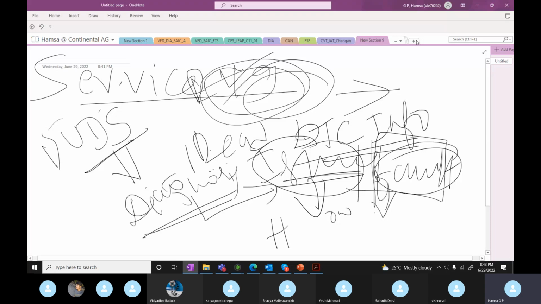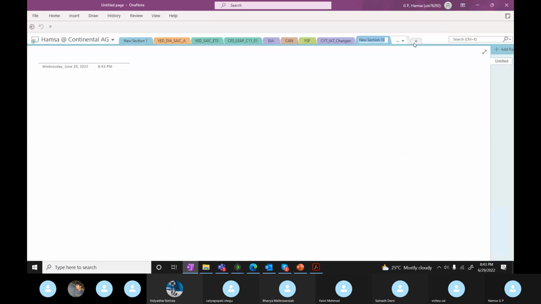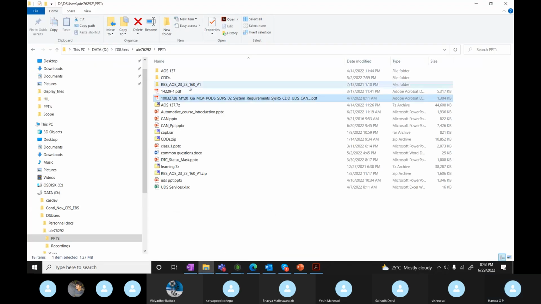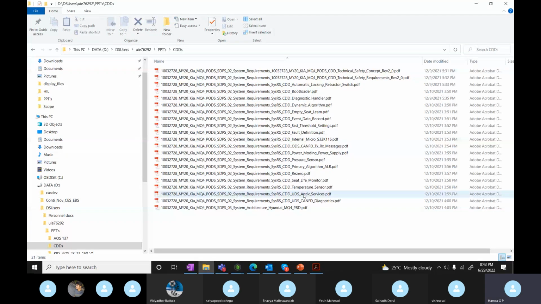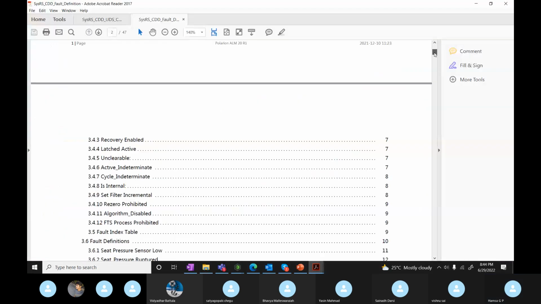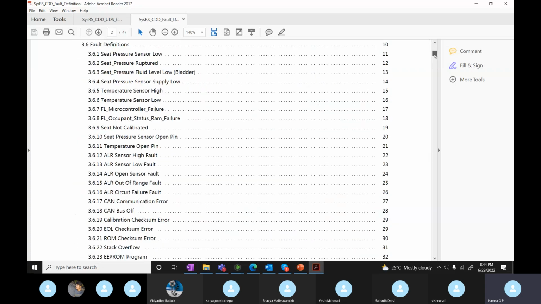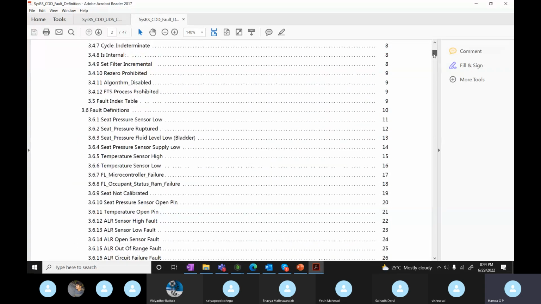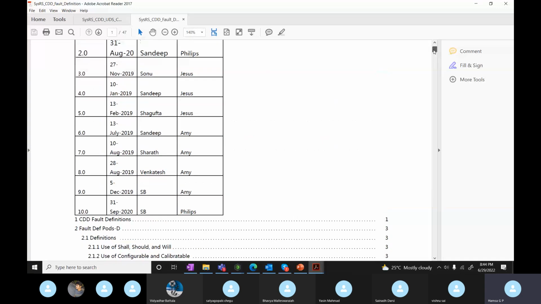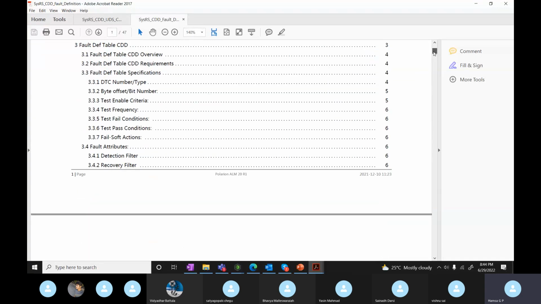Okay. So when we say fault, I'll take one example. If you consider one project, this is the requirement spec for the fault definition, nothing but what faults are applicable for your project or your product.